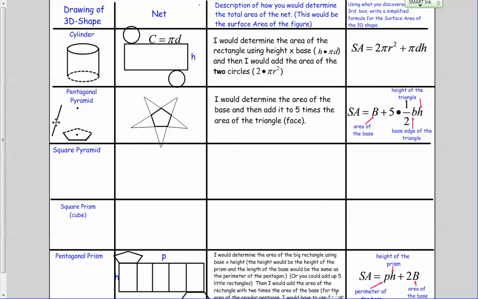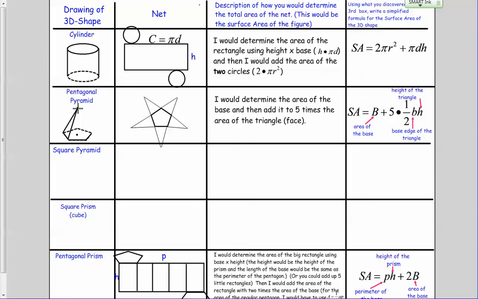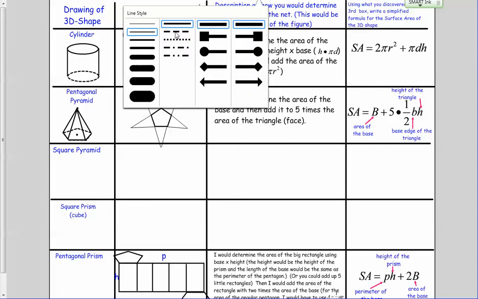And then when I go through, I'm going to connect each corner to the dot up above, and I'll have my pentagon. Again, the guy that goes in back, we're going to make him a dashed line.